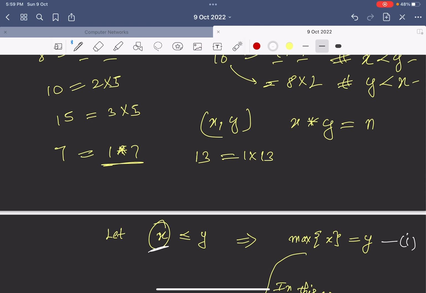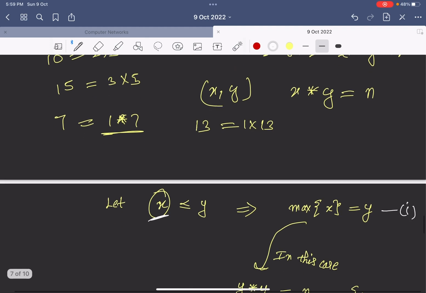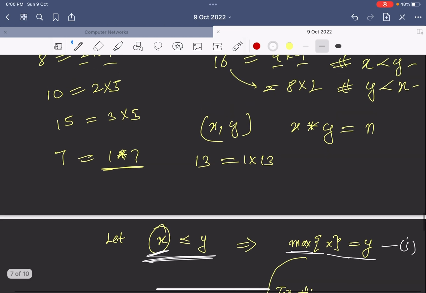That x is less than y. But in the case of equality, it can become equal to y as well, right? So what can I say? That the maximum value of x will be y. So from this inequality, I can say that the maximum value of x is y, so x becomes equal to y or x becomes less than y.